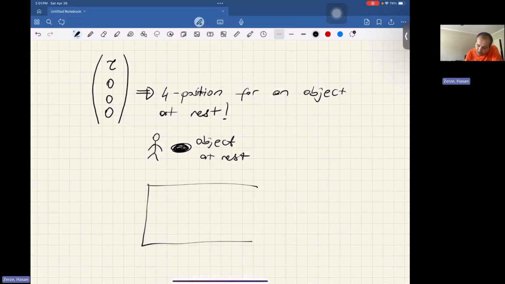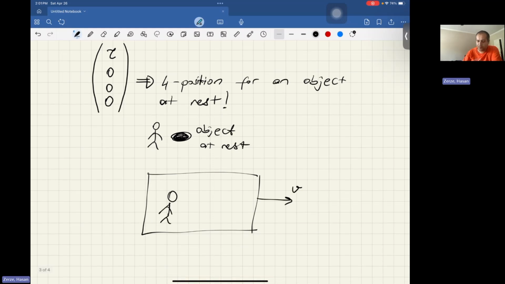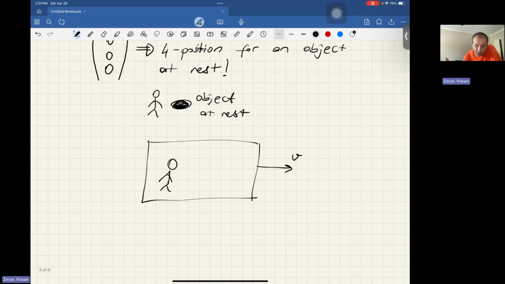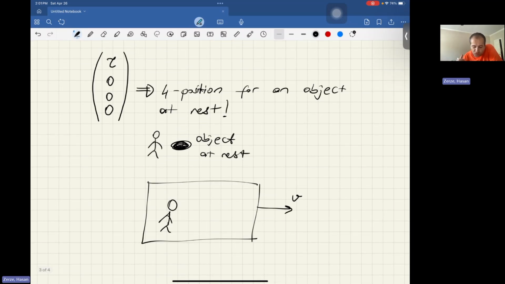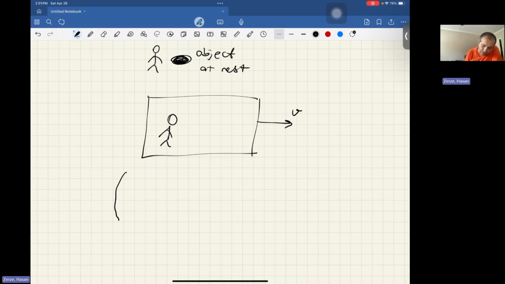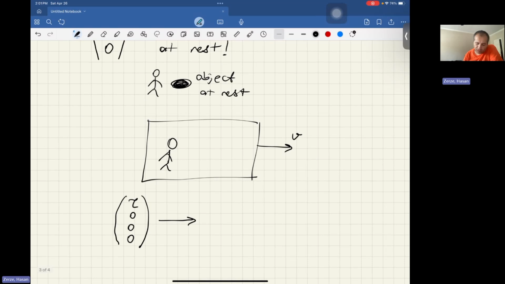But then there's another person, and this frame is moving with a velocity of v. We need to transform this four-position from the rest frame to the frame that moves with a velocity v with respect to the object.